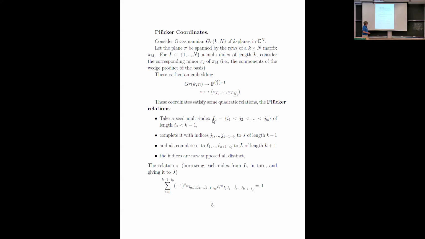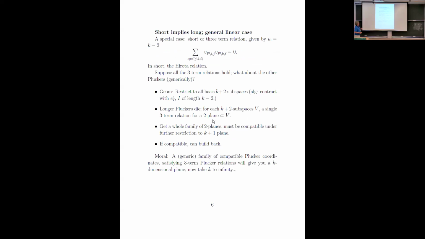And then you borrow in turn an index for the longer one. So you remove it here, pop it in the end, remember a sign, sum it up, you get 0. And so these are the Plücker relations, and you can see that basically the number of terms here is going to be determined by the I0 here, which is the length of this multi-index. So the shortest ones possible have 3 terms. So they look like that.